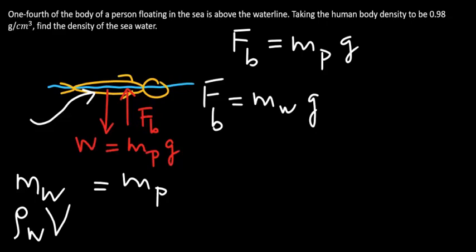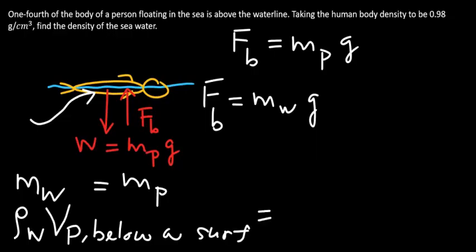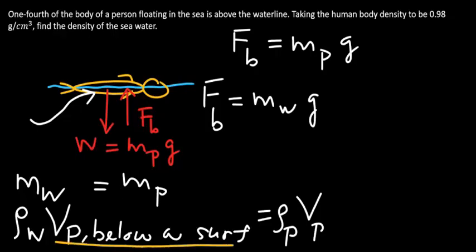So we write volume of the person below the water surface. And that equals the mass of the person. The mass of the person is the density of that person times the entire volume of that person. Let's call it Vp. What about this quantity, the volume of the person below the water surface?